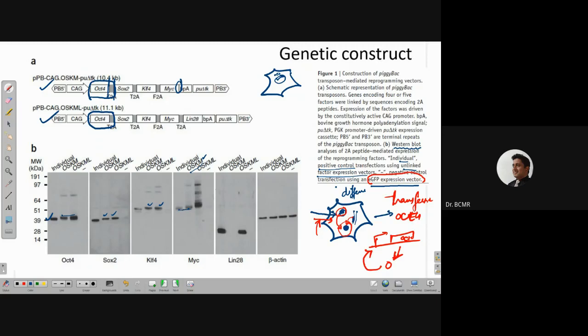Whereas in OKSML, the CMYC has T2A peptide. So it has increased molecular weight, and that is why it is traveling a little slower. Okay. Lin28 is not tagged with or fused with any of the self-cleaving peptides, so it will show as the same. Okay. That is how you can look at it much more critically, and that will give you a lot more insights. I hope you understood that.